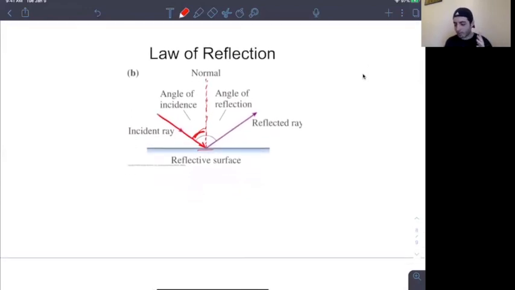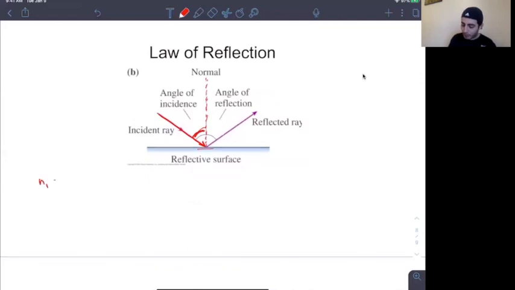And just as a brief primer for the next lessons, we will see that n1 times the sine of theta 1 will equal n2 times the sine of theta 2. Using this, you can begin to understand the angle that is reflected based on how big both of the indices of refraction are.